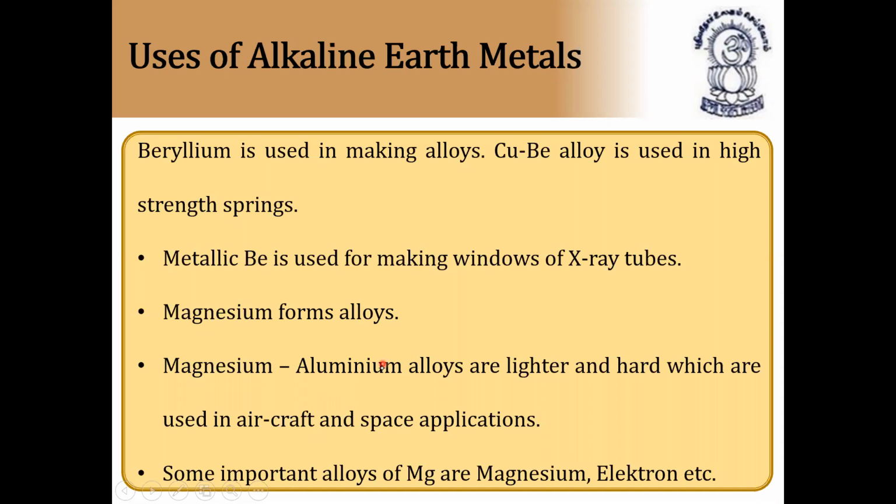So electron is an alloy of magnesium and aluminium.